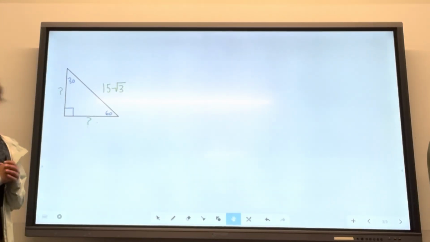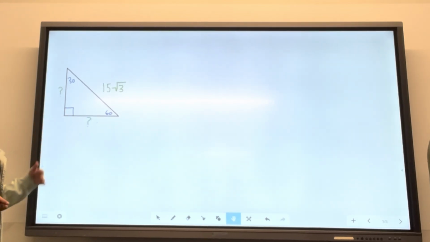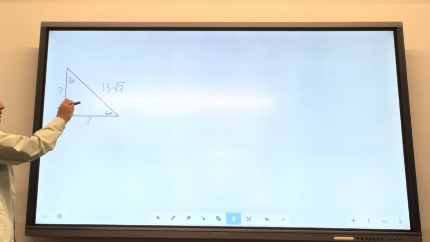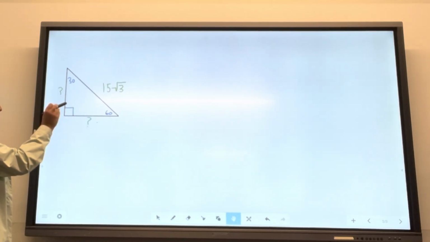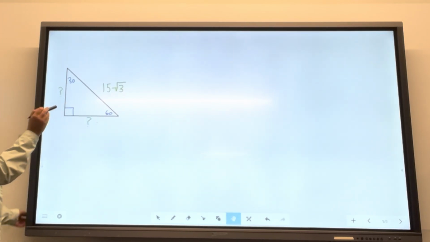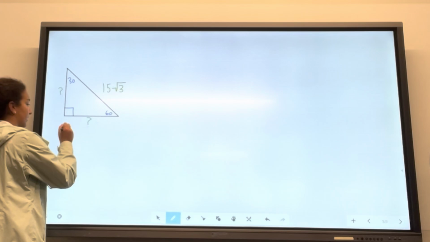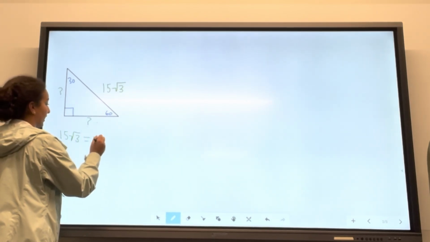Okay, so we were given that the hypotenuse, which is the longest side of the triangle, is equal to 15 root 3, which in our ratio is 2x. So we can set 15 root 3 equal to 2x.